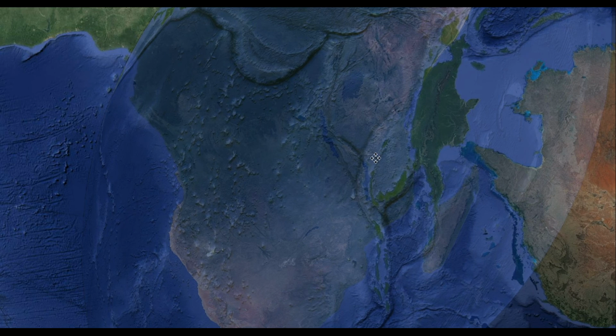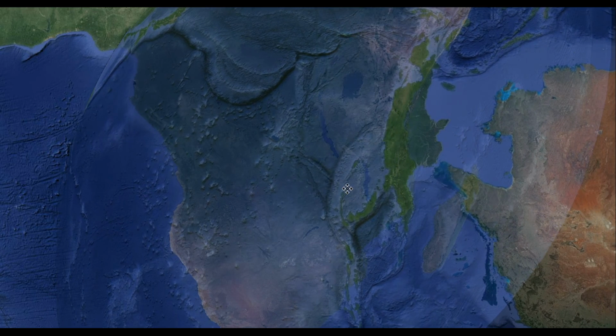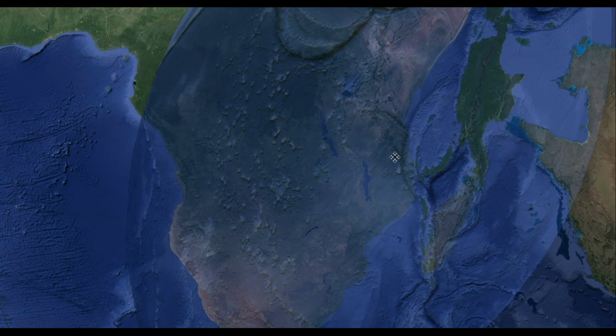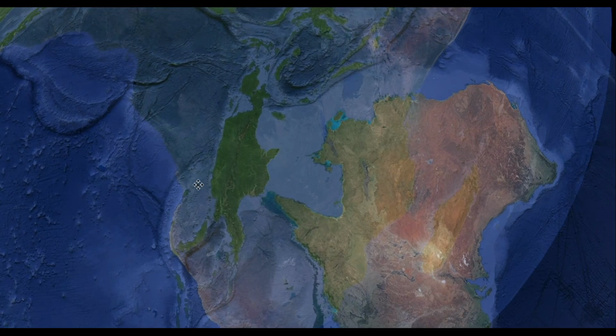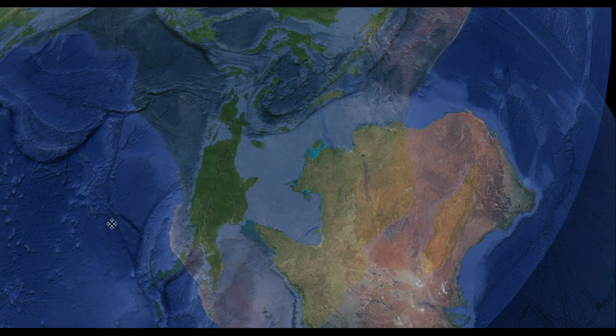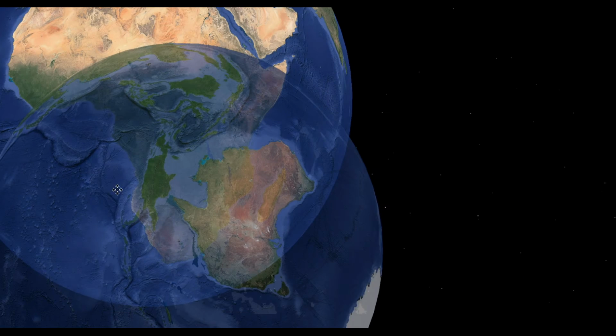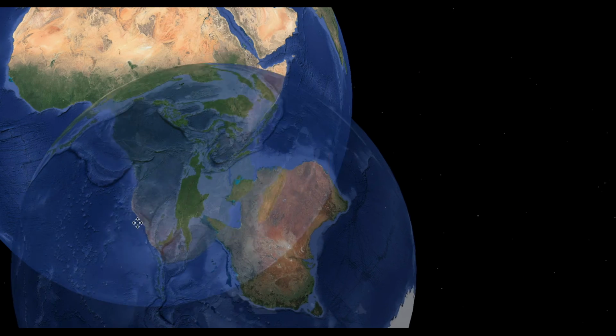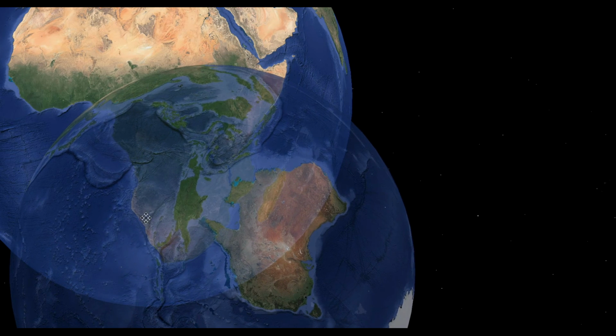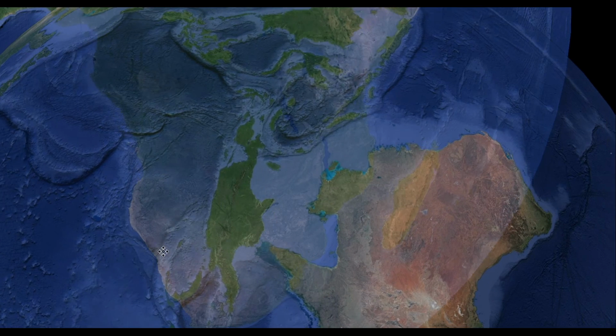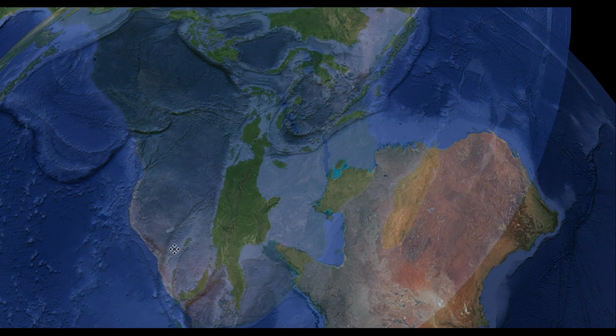Okay. See, this is the theme I'm getting here. You see this right here? It looks like two sticks being snapped in half. But really what I believe it is, it's twisting and it's being pulled apart. And this is a reoccurring pattern I see everywhere. And you can see that it's responsible for some of the shapes of the continents here.